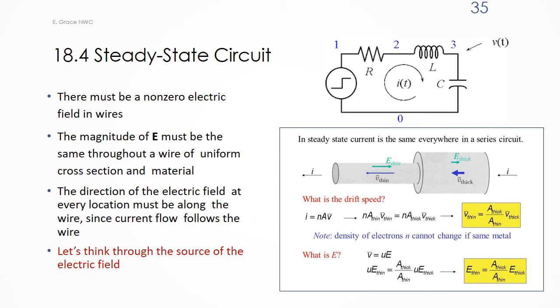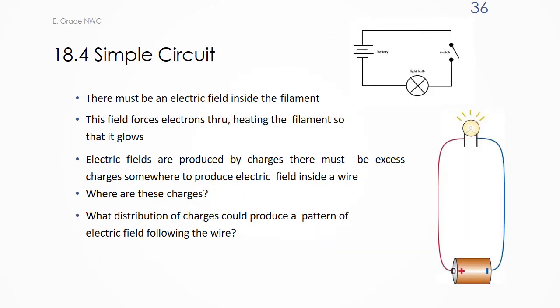So we know that it has to be pushing all those charges the same way. We want to think about exactly what's causing the source of this electric field, and we're going to eliminate a lot of options that you might consider before we get to the actual source.